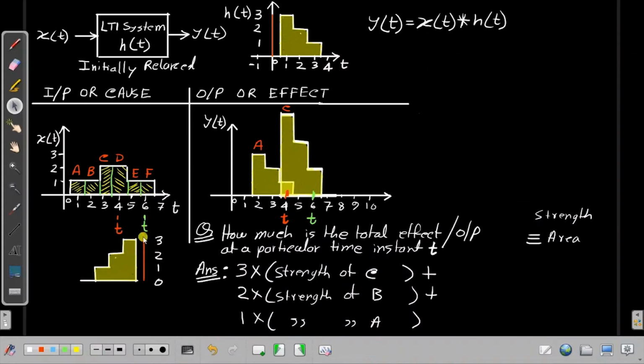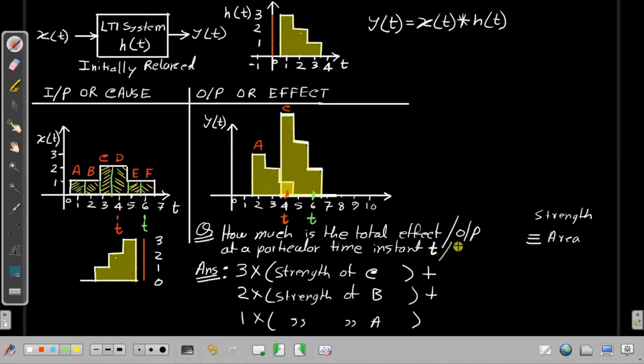This red marker should be at the point of interest, and then now I can calculate the total effect as 3 multiplied by the strength of E. Let me write this in green color.